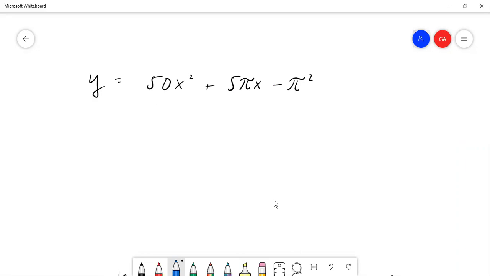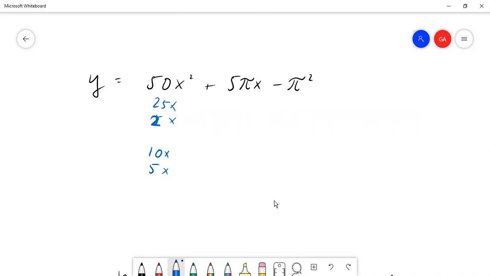You have to start somewhere. Tell me factors that multiply to 50x squared. So 25 and 2, 5 and 10. Okay, so let's try some of these. I'm going to try this one first. Okay.